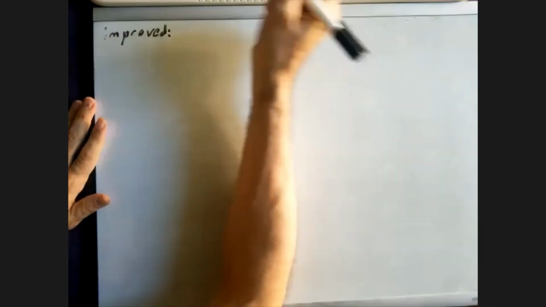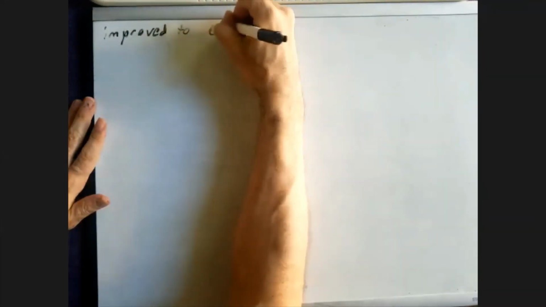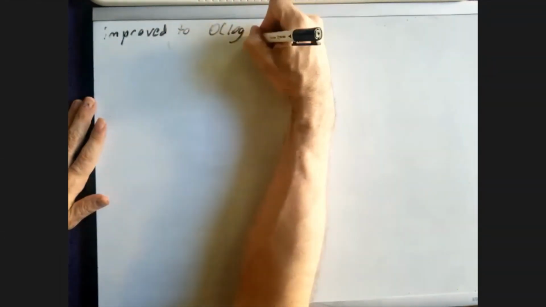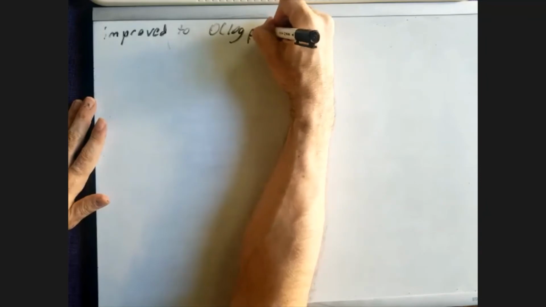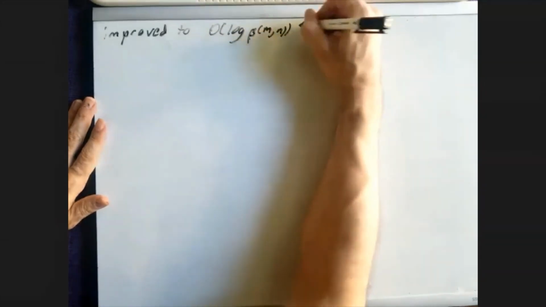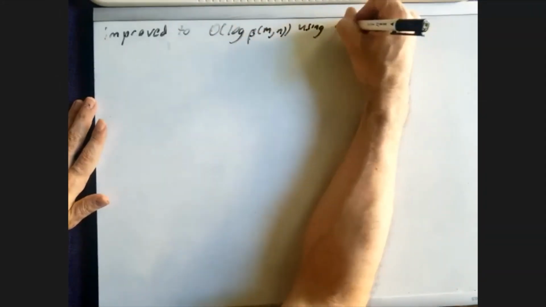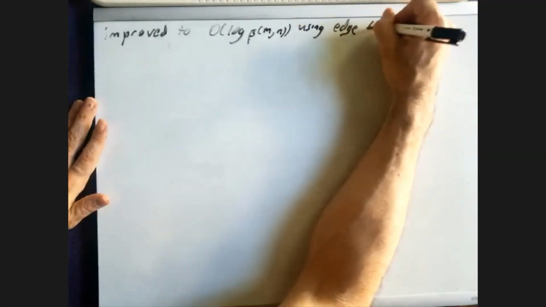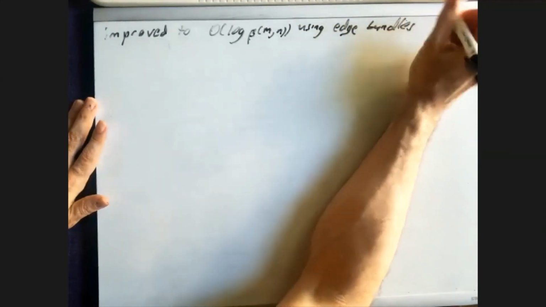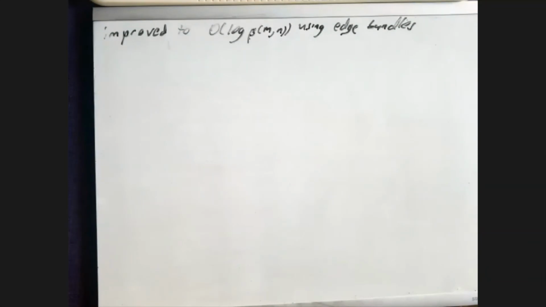So in some later work, a larger group of researchers improved this runtime to order of the log of beta of m n using a weird trick called edge bundles. The idea of edge bundles was that when you're trying to be this fast, you can't actually afford to look at every edge every time.